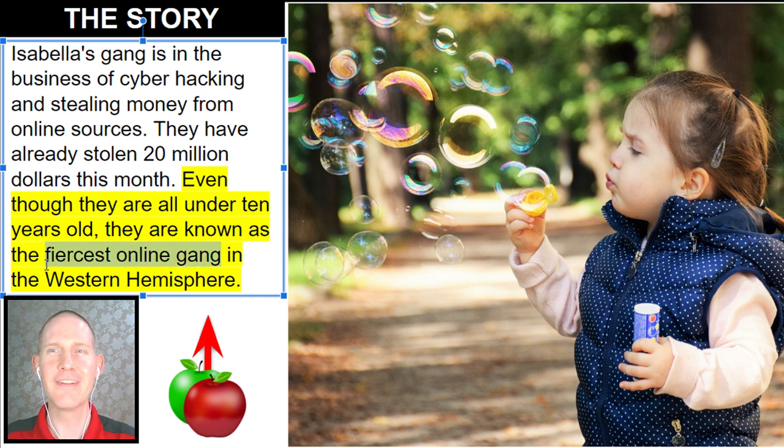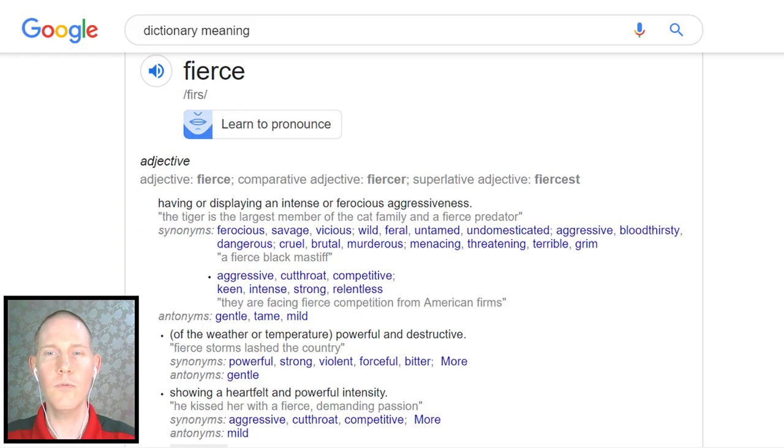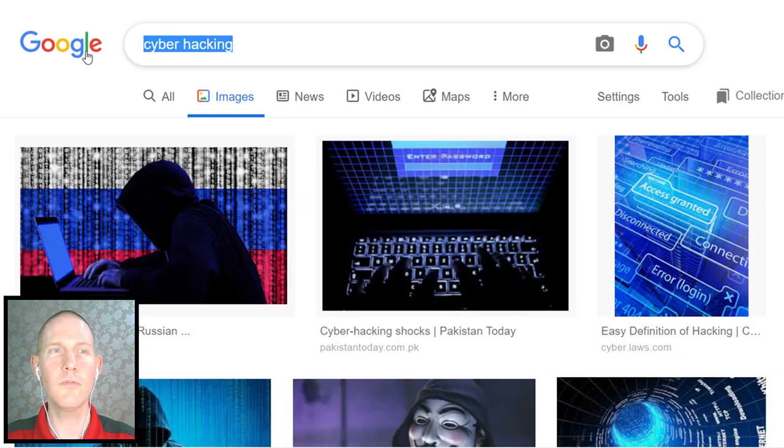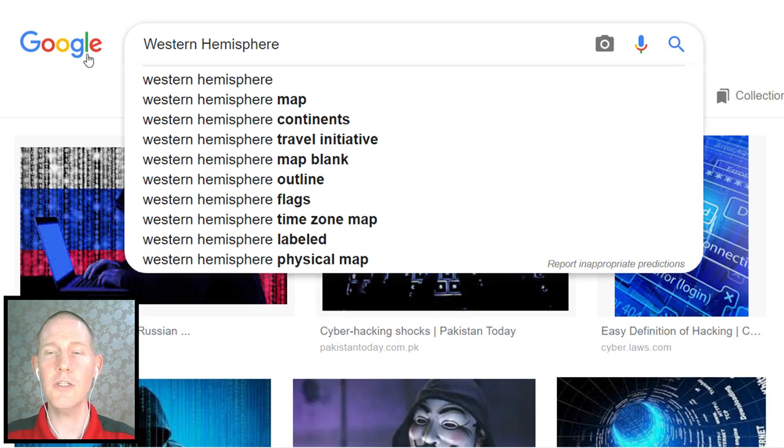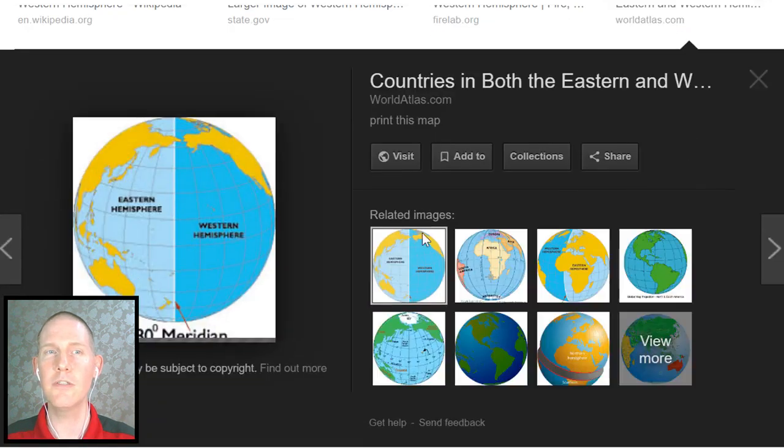So the fiercest internet gang in the Western Hemisphere. All right, so what does Western Hemisphere mean? Well, if we divide up the world, it gets divided up into hemispheres, which are different sections of the world. So there's a Western Hemisphere and there is an Eastern Hemisphere, right?